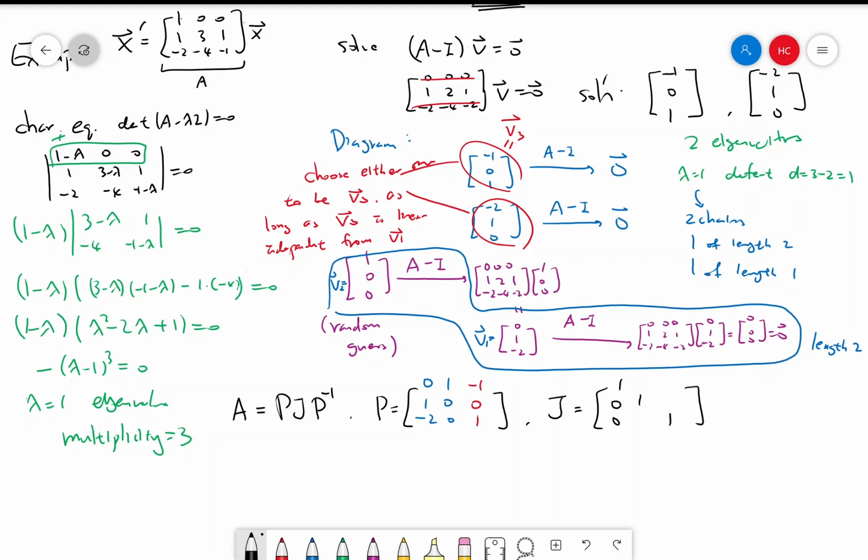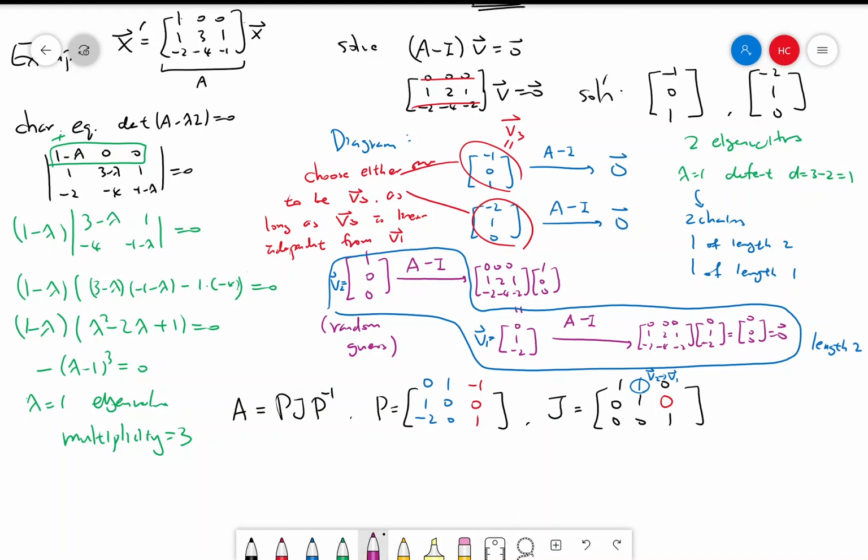The rest is going to be mostly 0. Because V2 has an arrow going to V1, this entry is 1. This is telling you that V2 has an arrow going to V1. And then this entry is 0 because V3 itself is an eigenvector, so it's not pointing to V2, so this entry is 0. So that's our Jordan normal form for A.